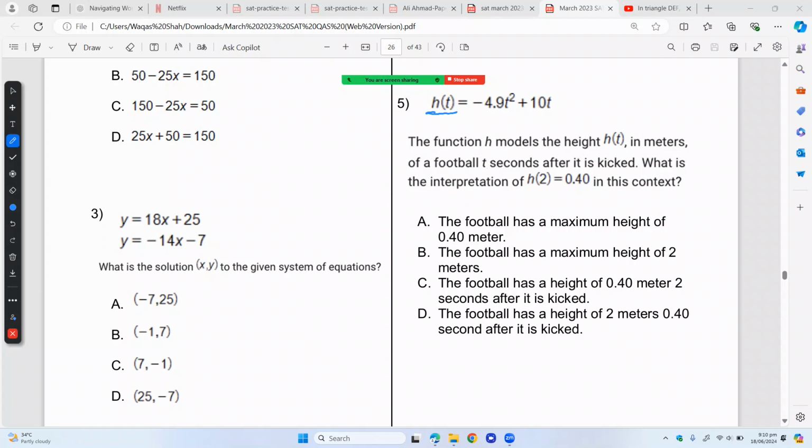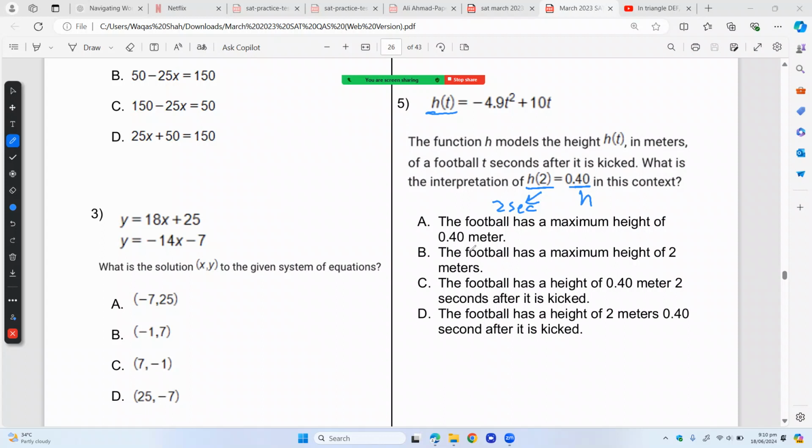What is the interpretation of h of 2 is equal to 0.4? h of 2 means height, and t is the time in seconds, so t is 2 seconds. It means that 2 seconds after kicking the football, the height is 0.4 meter. So we have to search which option matches this.